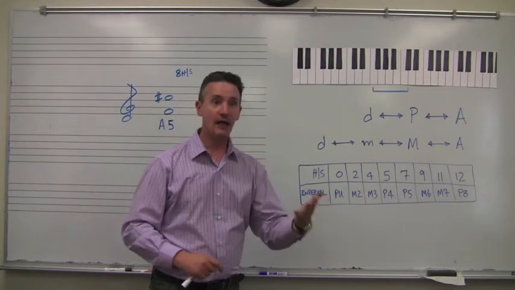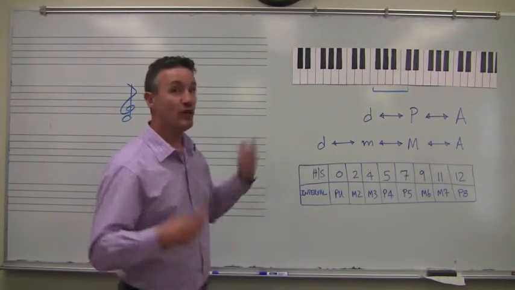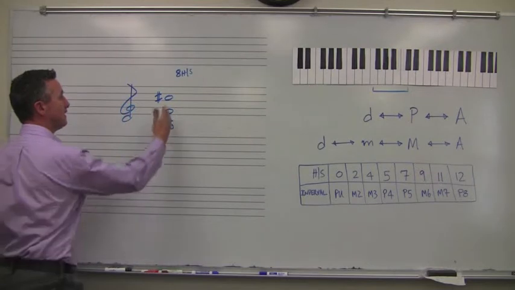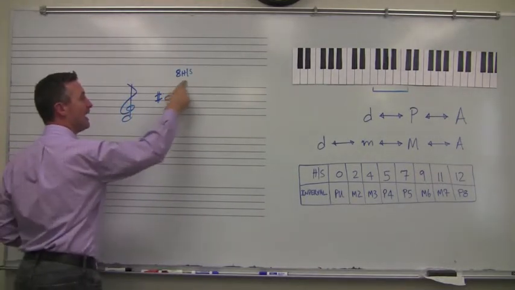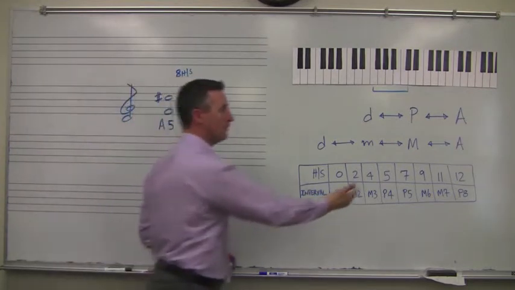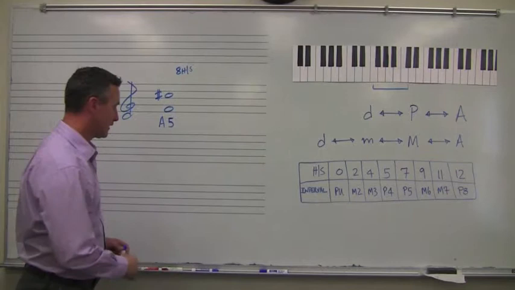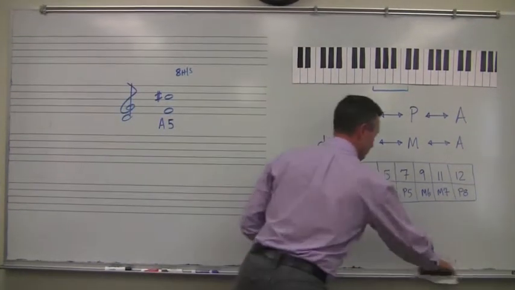Those are the 5 names that we can give to intervals. So the question is, which of those names should be given to this interval? It is a fifth, so it gets the number 5, but it has 8 half steps, which is 1 more than a perfect, so it must be augmented. Let's look at a couple of other examples, and you'll see how this plays out.